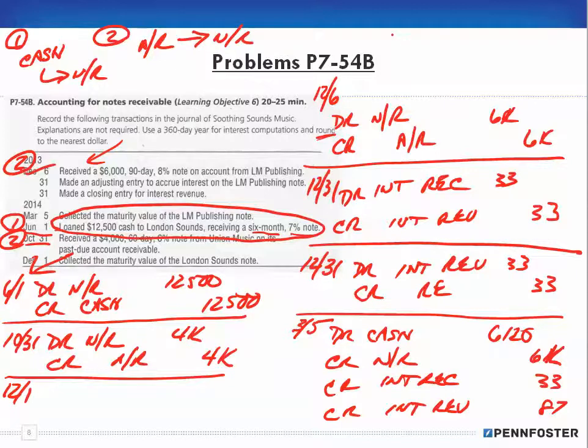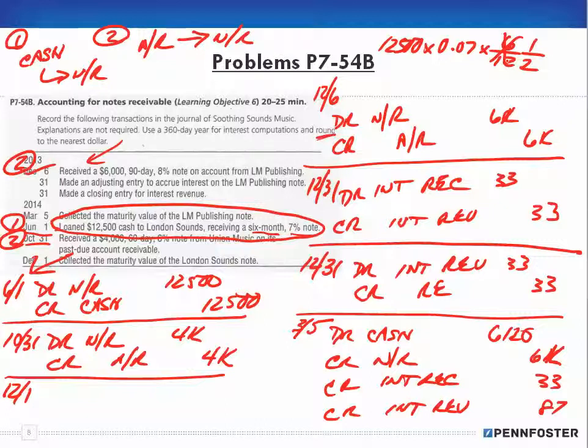I'm going to do the math up here. We have to calculate the interest that was earned. So we have 12,500 times, it's a 7% note, 0.07, and it's 6 months, so it's 6/12, or 1/2, right? 6/12 is the same as 1/2. Mentally, I would have done the 1/2 because I just mentally converted 6/12 to 1/2, just as a shortcut, because now I don't have to be messing around so much with such larger numbers, but I'll do it both ways.